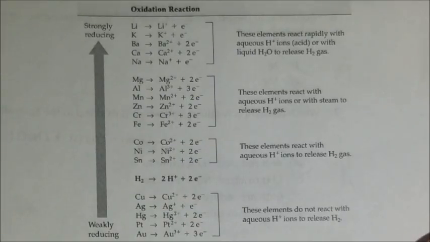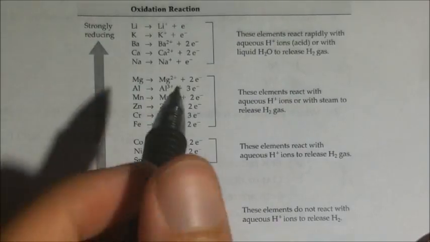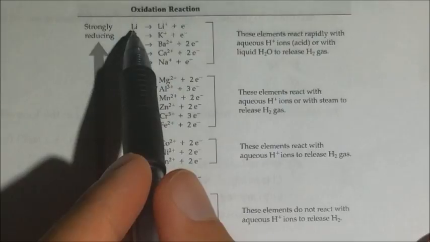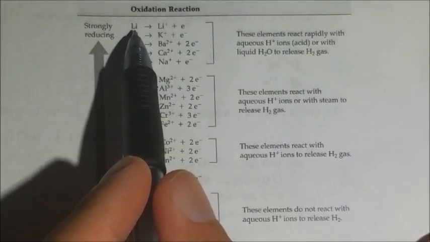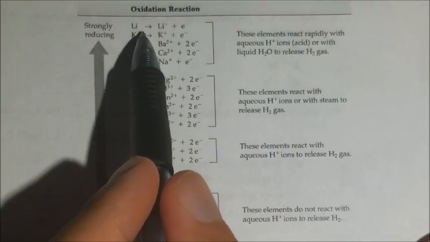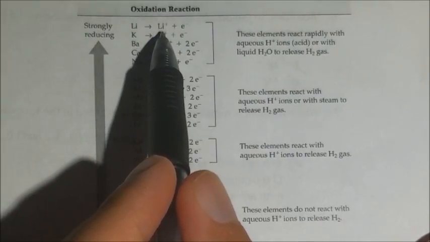So what do we mean by strongly reducing? Well, if we think for a second about the example I discussed earlier, where we talked about what a reducing agent is, then we can relate that to this. Let's take a look at lithium here. Lithium really wants to give up its electron. So it's shown here as giving up its electron and becoming lithium plus.